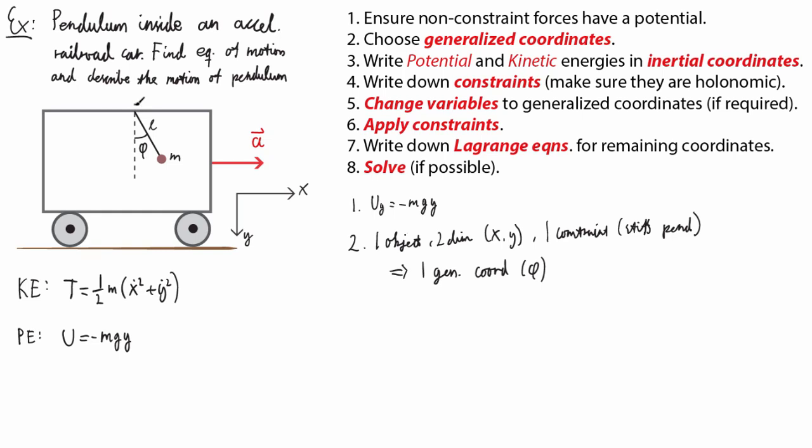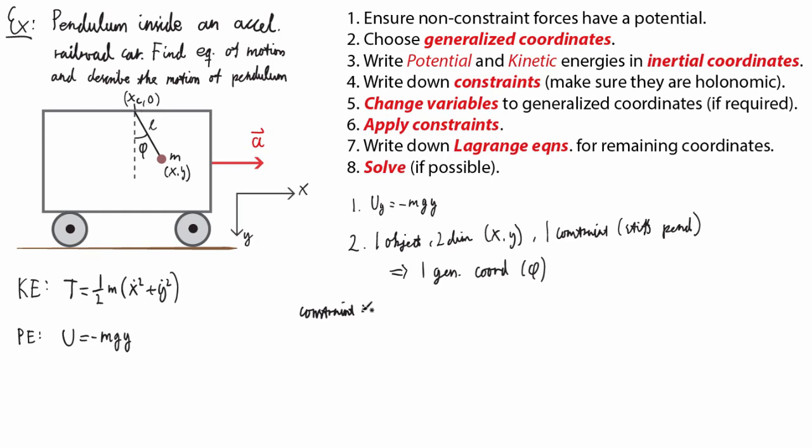Now for the constraint. So I'm going to actually call this position here xc. That's the x position of the car, specifically the point where the pendulum is attached to the ceiling inside the car. So the first thing we have to do is write down this constraint, which basically says that the position of the pendulum, x and y, has a specific relationship to the top here, the ceiling of the car.